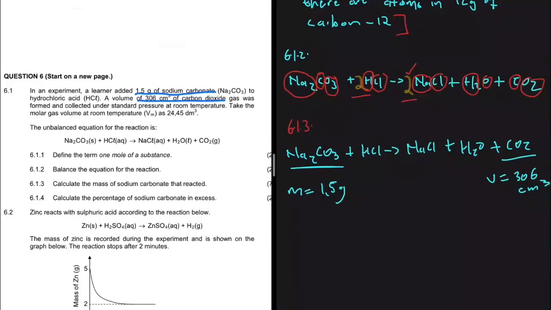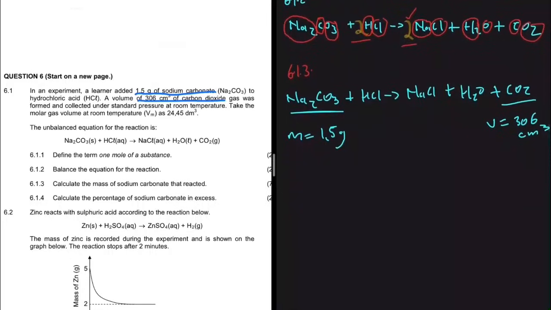Using the volume of CO2 that was produced, we can find the number of moles of CO2 that we produce. Then with the number of moles of CO2, we're going to use the mole ratio to find the number of moles of Na2CO3 that reacted. And from the number of moles, we can find the mass. Let me show you what I'm talking about. Let's not forget that here we have the balancing coefficients.